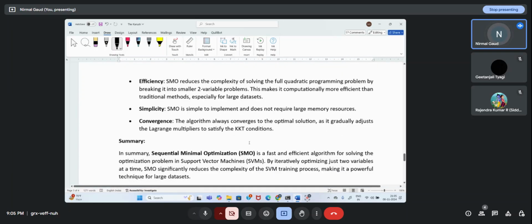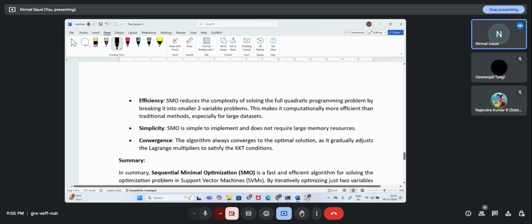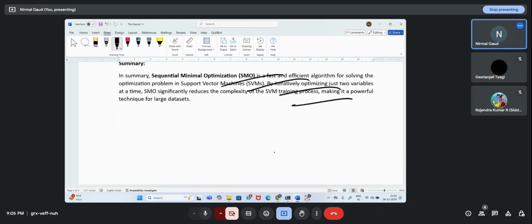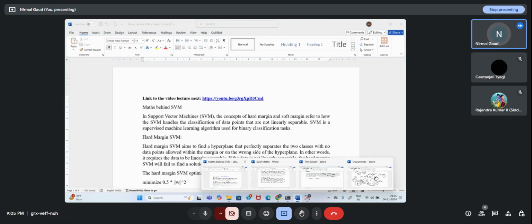And we are having some advantages: efficiency, simplicity, convergence are the advantages of SMO. It's an efficient algorithm, one of the efficient algorithms which you can use to optimize the support vector machine. Okay, fine. Again, we get back to our problem.